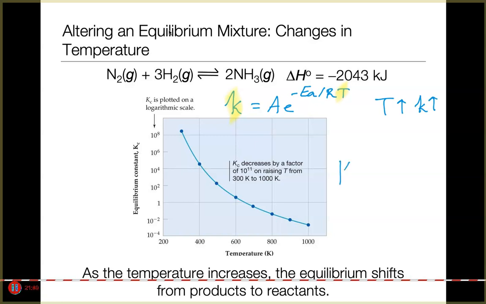We also know that another way to write the equilibrium constant is k forward over k reverse. So we can see a direct link, because both k's will have different equations, but they're both linked to temperature.